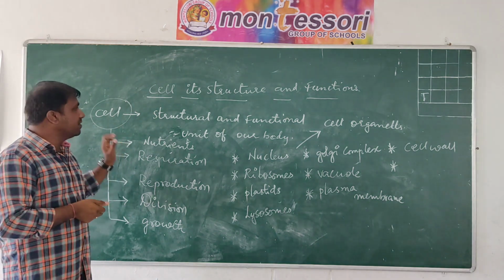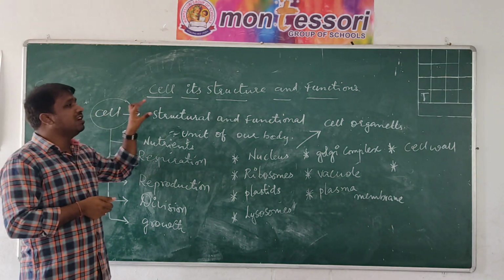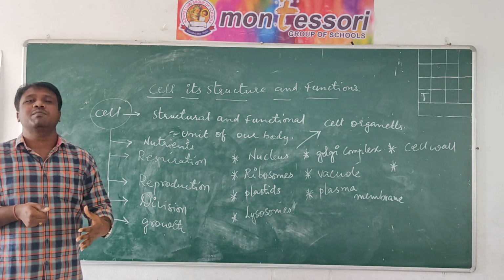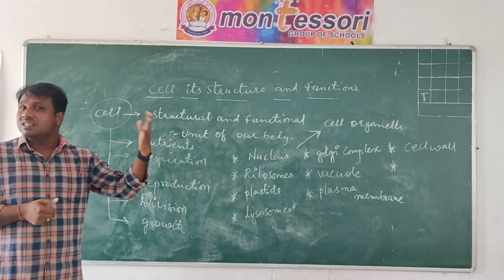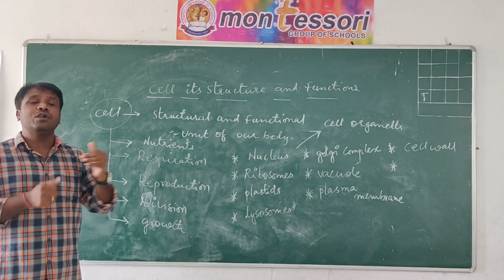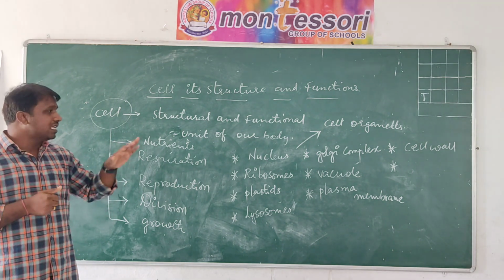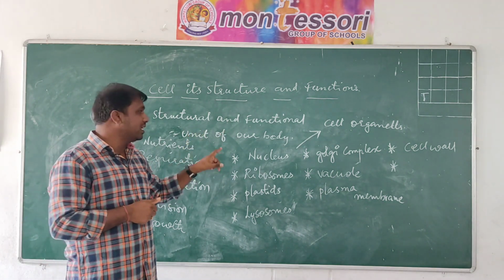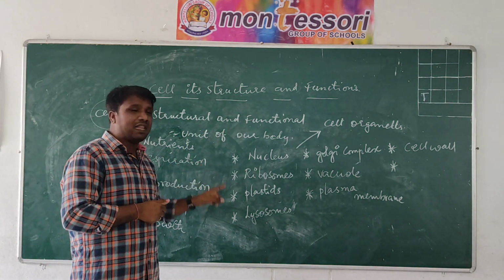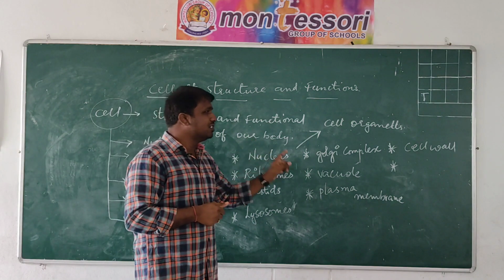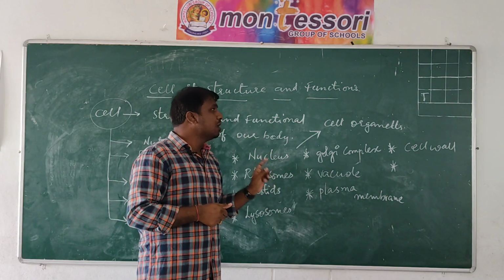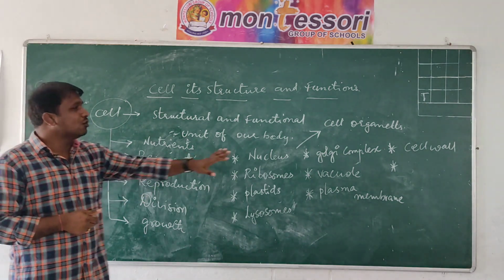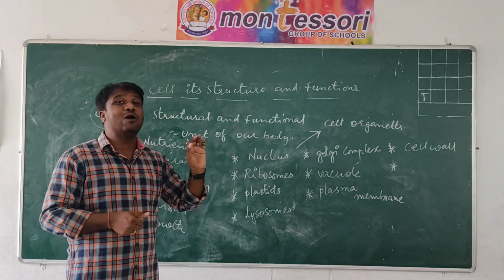So, what is the meaning of a cell? Cell is structural and functional unit of our body. Our entire body is made up of what? Cells. Plant body is made up of what? Cells. Then what do the cell contain? Cell contains cell organelles like nucleus, ribosomes, plastids, lysosomes, Golgi complex, cell wall, vacuole, plasma membrane, and these all are called as cell organelles.